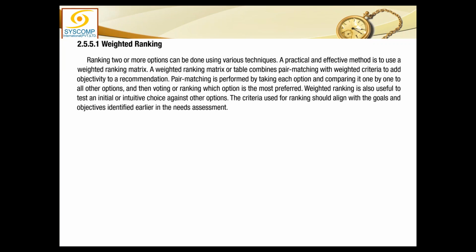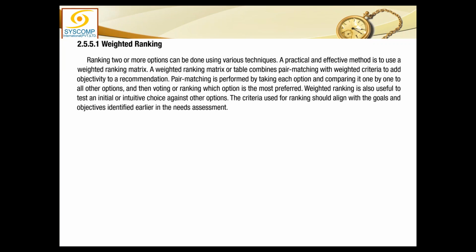If I asked you to pair match three options, how would you do it? Let me read it again for you as if it becomes clearer. Pair matching is performed by taking each option and comparing it one by one to all other options, right? You pick up one option, you compare it with the second option, then you vote which one is better, the one in your hand or the one on the table.